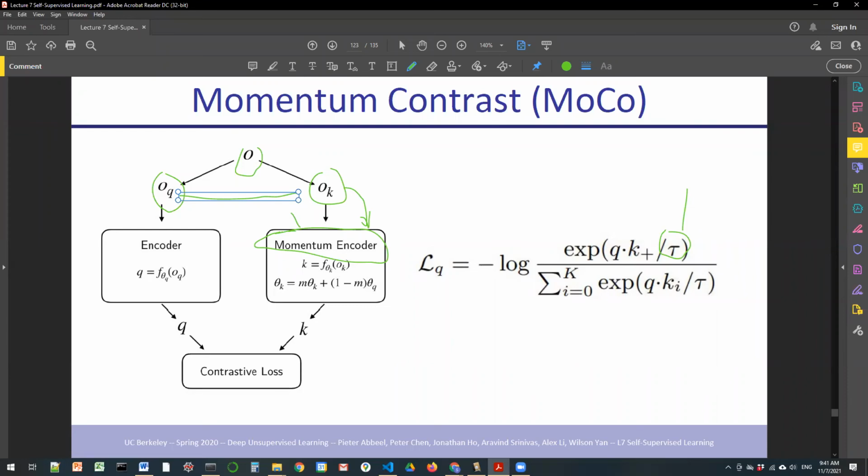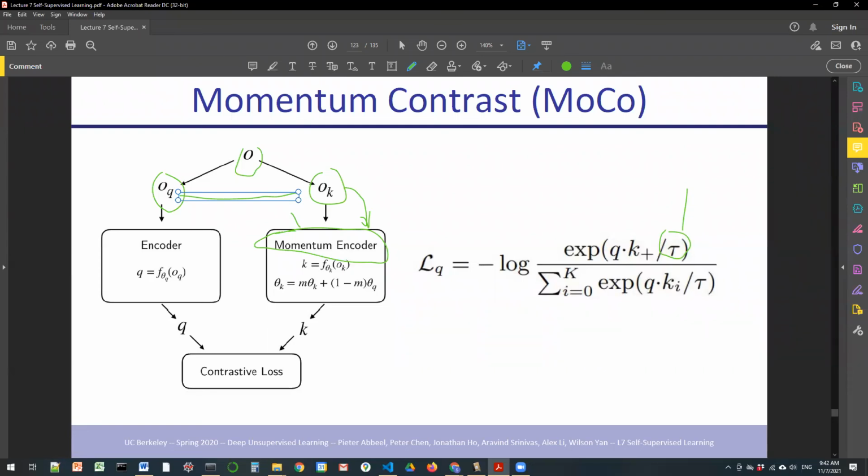Now, the basic idea of the momentum contrast is, let's use some kind of a dictionary or some kind of external storage to store a bunch of negatives, thereby making the quantity of negatives independent of the size of the mini batch, because then we are not restricted to using negatives from the mini batch.